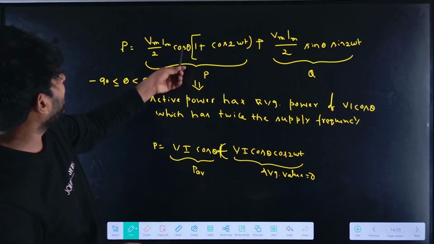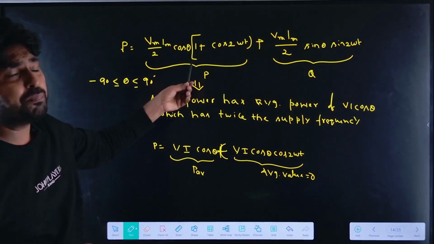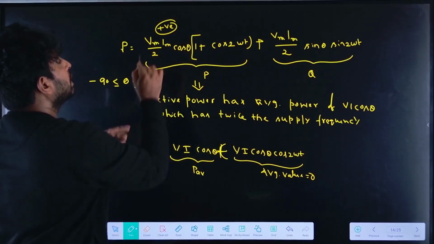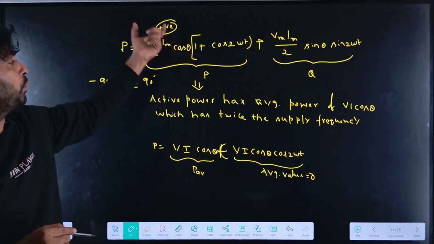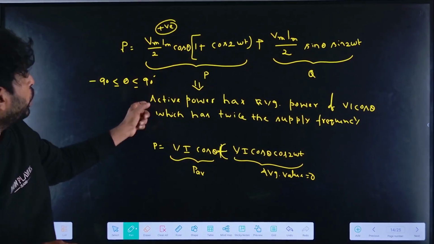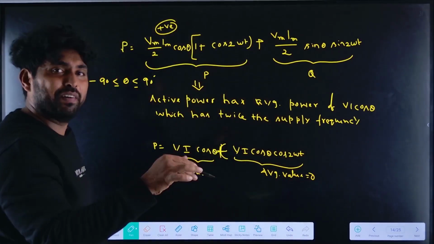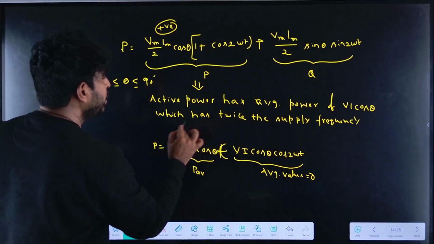If I apply minus 90 to 90 degrees, cos theta is always positive. So the active power is always positive, which is a unidirectional power.